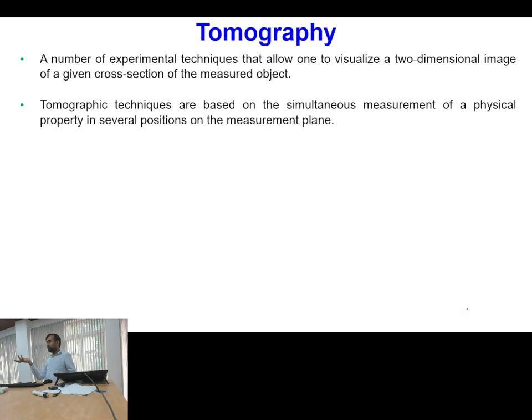Radiography uses either gamma rays or X-rays. How these will be used, I will show you subsequently. Then the second is tomography. Tomography is not any special technique; it is a generic name. If I have any number of experimental techniques which allow us to visualize a two-dimensional image of a given cross section of the measured object, that is what is called tomography.